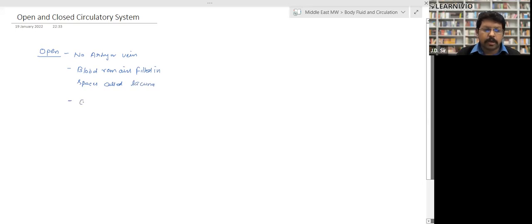And the organs bathe in blood. Organs keep on floating in blood. They may or may not have a heart.